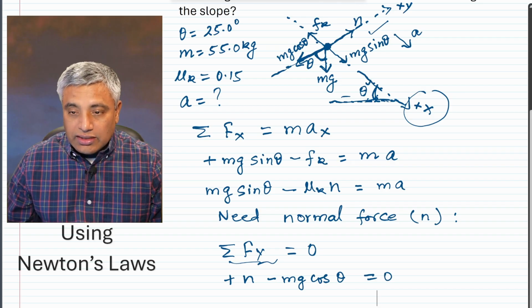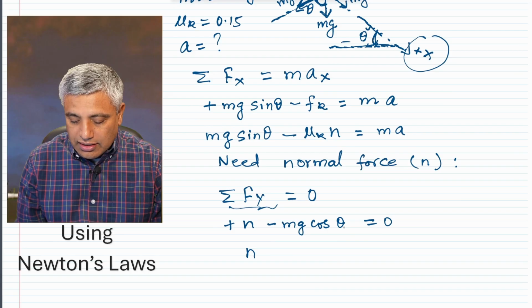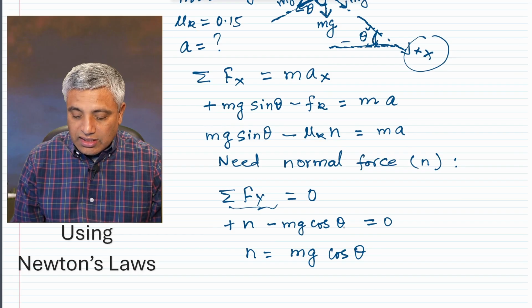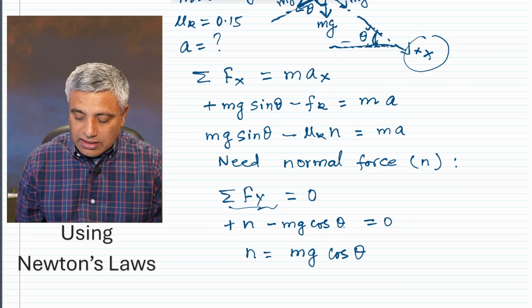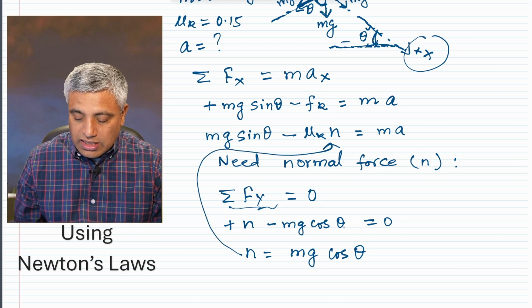Okay, so now we can tell n is mg cosine theta. Now we can use that normal force over there.